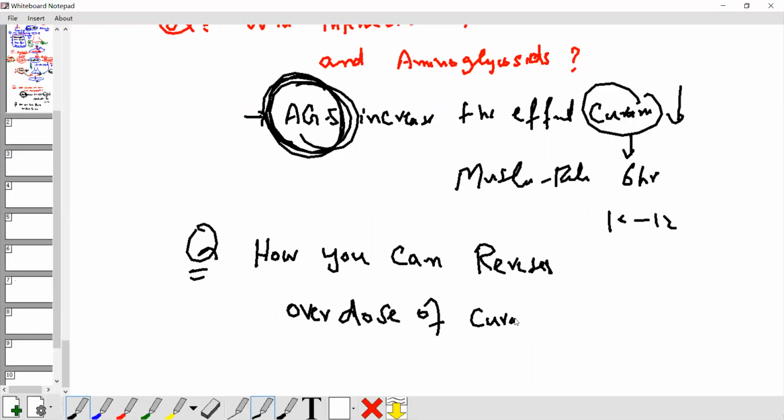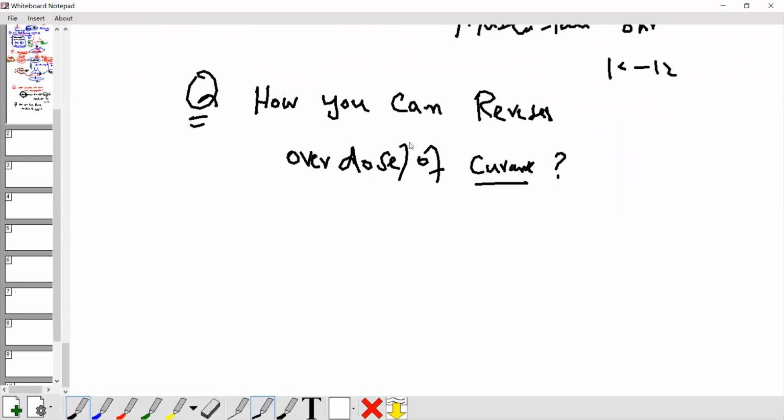If by mistake you give an injection of Curare to the patient, or a very high dose, clear? Very high dose, it can paralyze all body muscles. Yeah, it can paralyze the diaphragm. If you paralyze the diaphragm, are you able to breathe? Of course not. If using a very high dose, how can you reverse it?